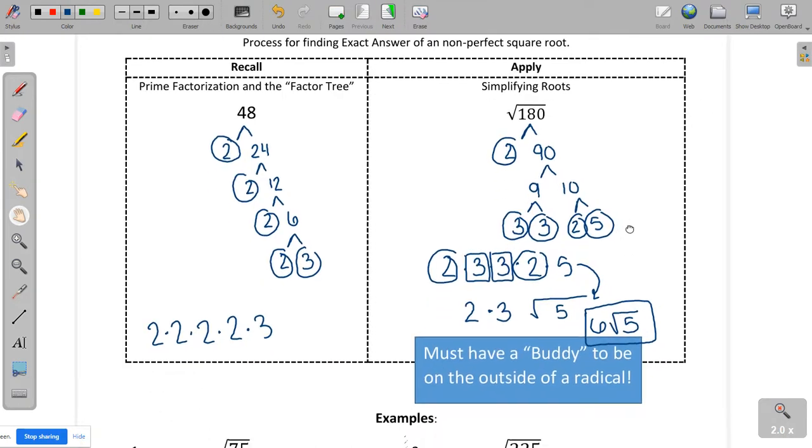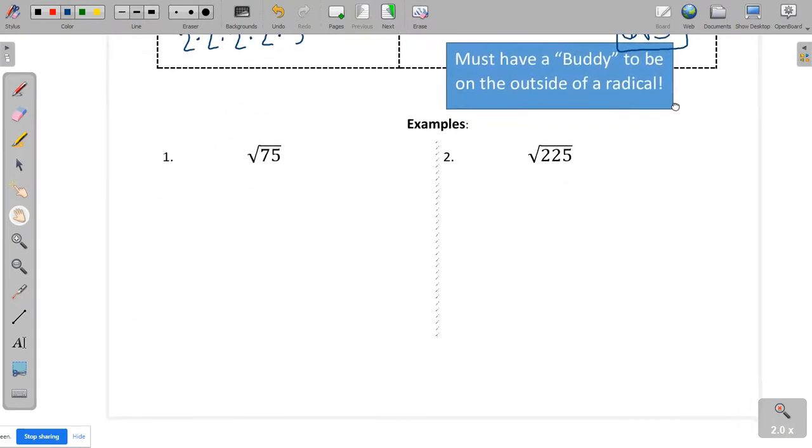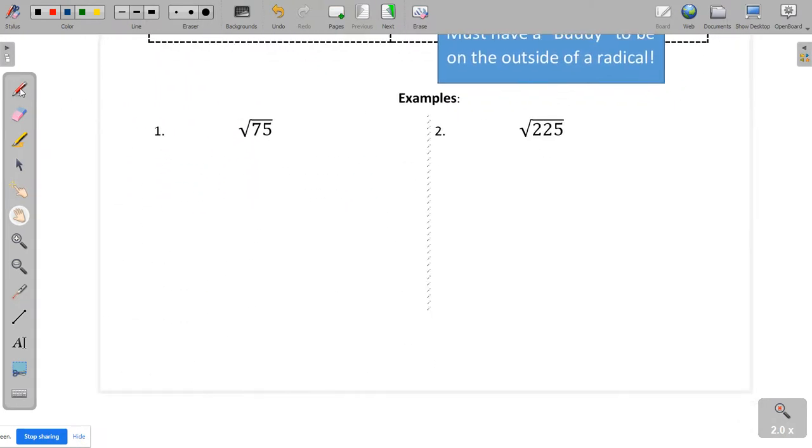So let's do some problems here. This first one, we have square root of 75. We need to simplify it. So what number goes into 75? 5 does. And 5 goes into 75 15 times. 5 is prime, so we need to break open 15. What numbers divide into 15? 5 goes into 15 3 times.